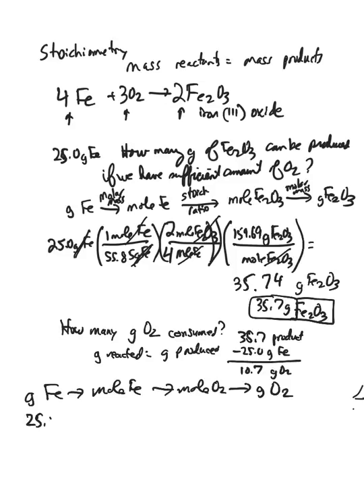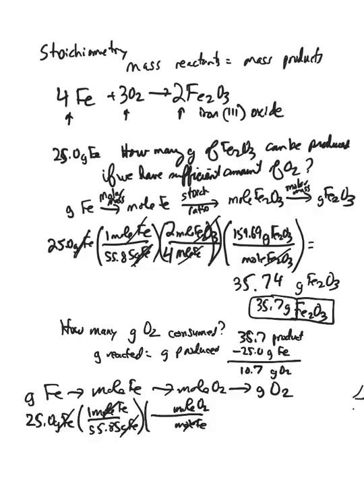So 25.0 grams of iron times 1 mole of iron is the same as 55.85 grams of iron. Grams of iron divided by grams of iron cancels. I've got moles of iron. I want to cancel that. I want to convert that to moles of oxygen.